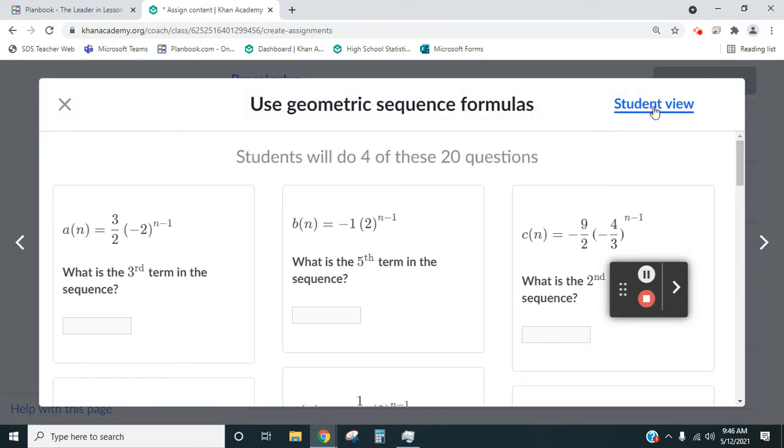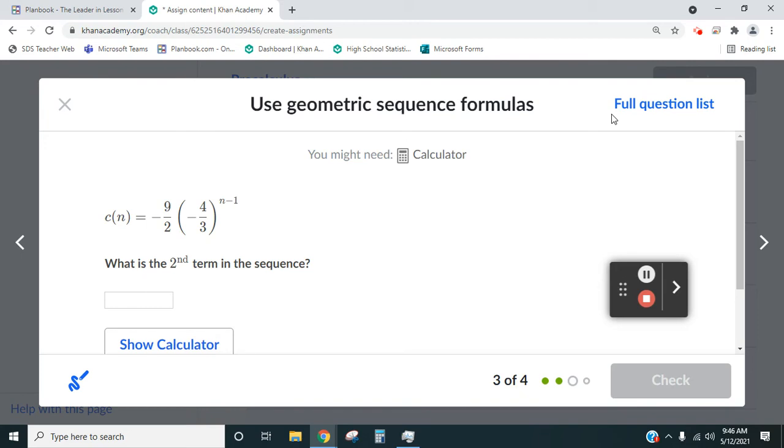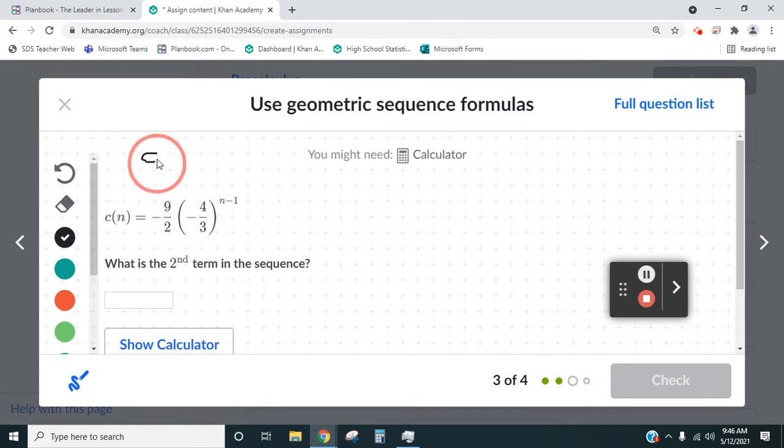Okay, next assignment. Use sequence formulas. This is going to be what we did the other day. This is a geometric sequence formula telling me that our first term is -9 over 2, and our common ratio is the number in parentheses. You multiply by that fraction, -4/3.